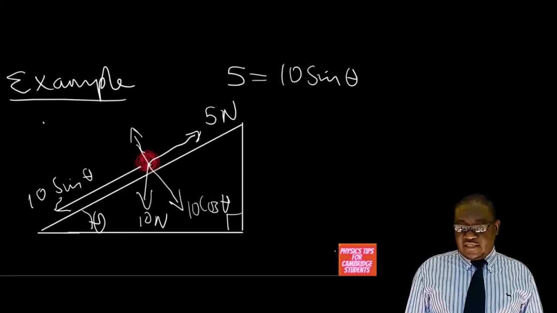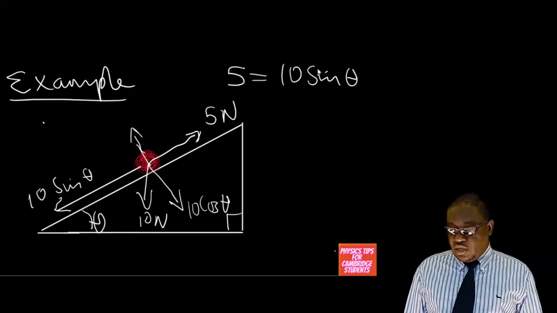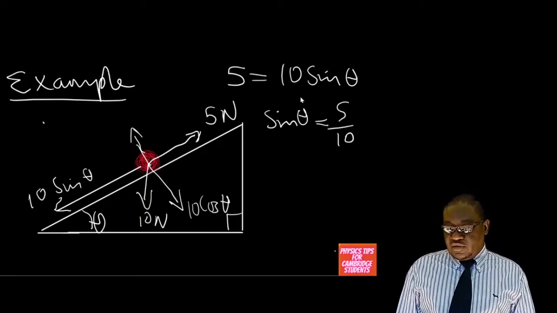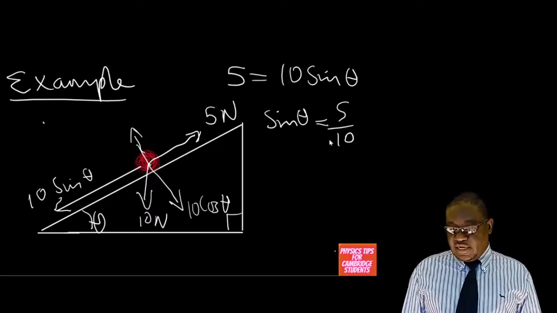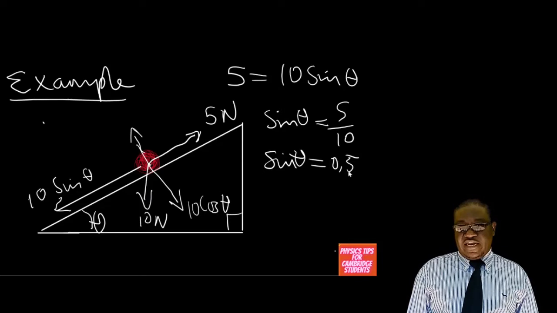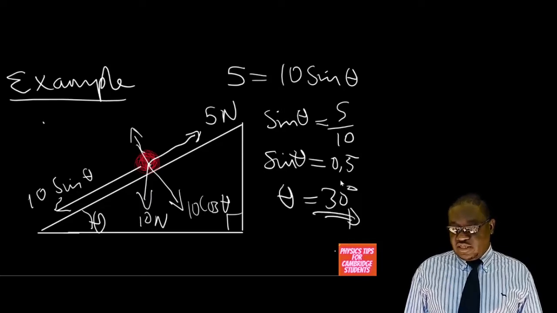So 10 sin theta is equal to 5 newtons. Making sin theta the subject of the formula, it's equal to 5 over 10, which is 0.5, and finally the inverse sine of that is 30 degrees.